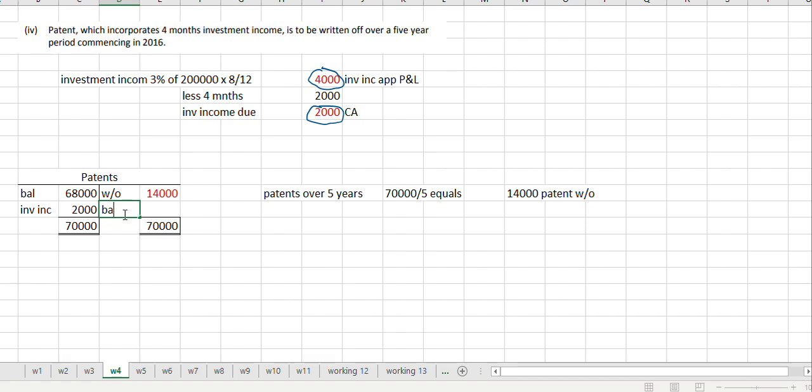Your balance is 56,000, which will go down here, and that will be your intangible asset figure. So the 14,000 will be an expense in the P&L, will be an S&D expense, and the 56,000 will be an intangible asset in the balance sheet. That is note number 4.